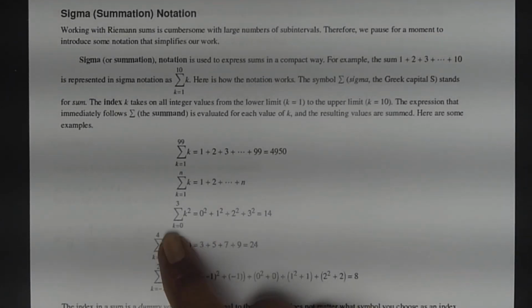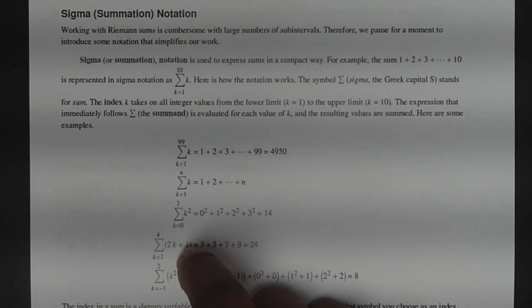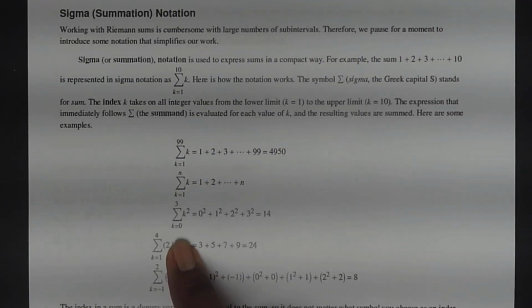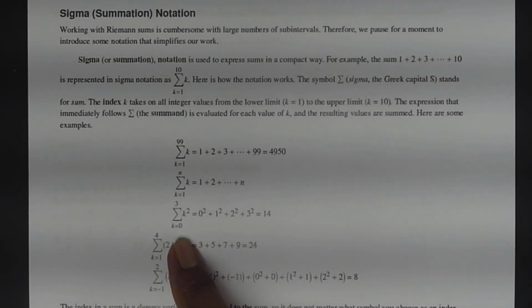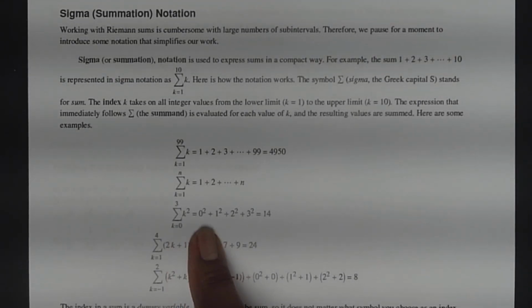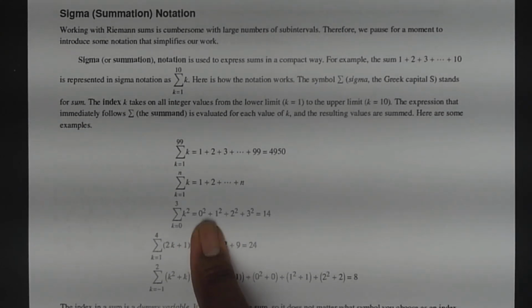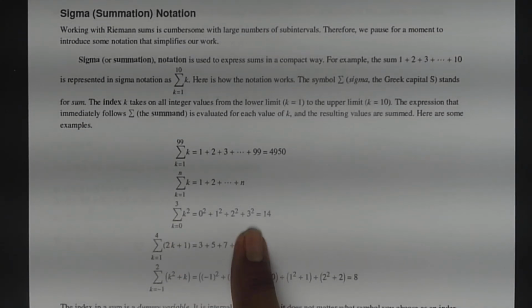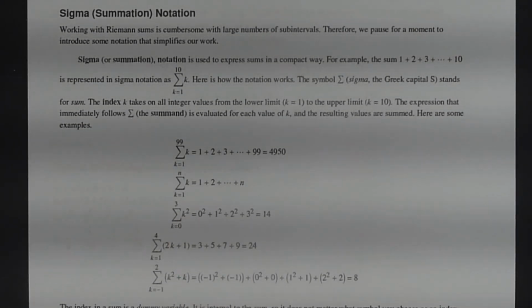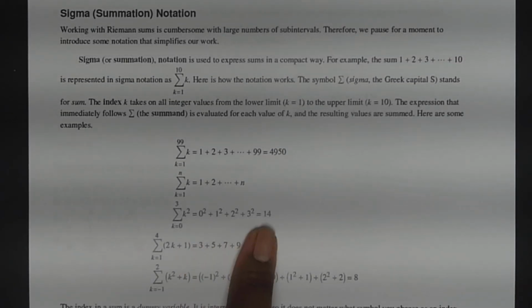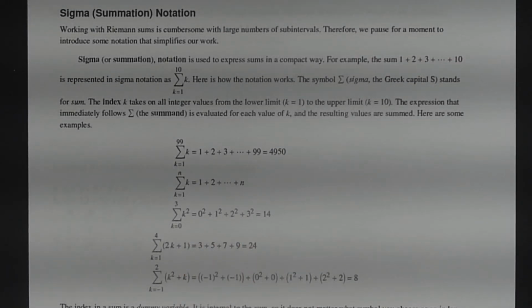Or the summation from k equals 0 to 3 of k squared. Notice it starts at 0 for k. So it'll be 0 squared plus 1 squared plus 2 squared plus 3 squared. Square each number, add them together, you'll get 14.